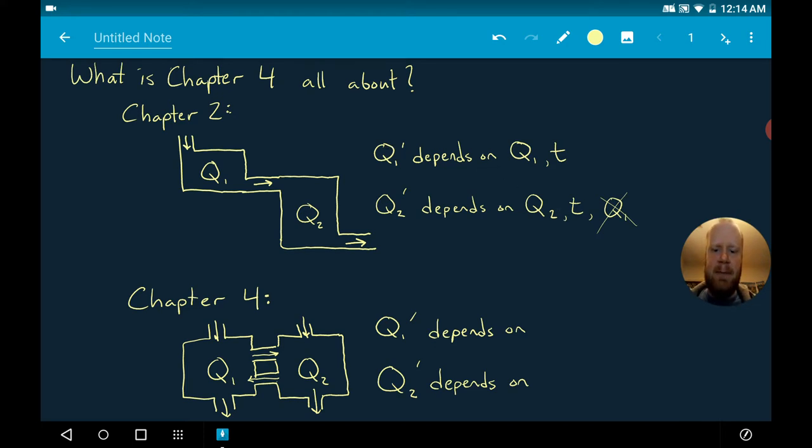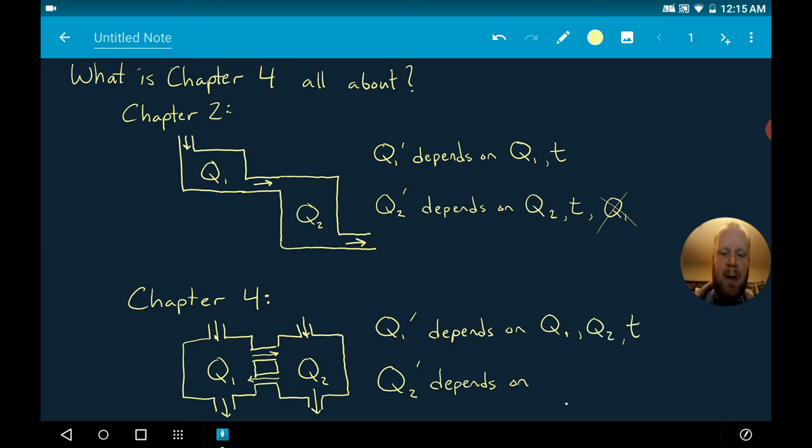The Chapter 4 example is we have two tanks in parallel, and now these two systems are interacting with each other at the same time. So we're not going to be able to just solve for the first tank and then use that information to solve for the second one, because we have information, or salt in this case, going both directions. So Q1 prime is going to depend on, in this case, Q1 and Q2 and T, and so is this one.